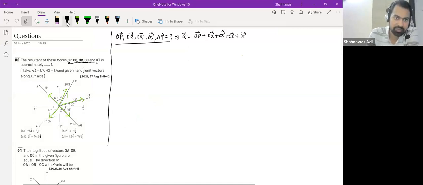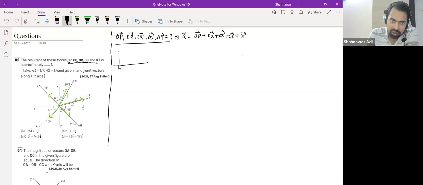Okay, so where were we? We need to find the resolution of the OP vector. Where is the OP vector? This is the OP vector. This is a 30-degree angle with the vertical and the magnitude is 20 meters. With the horizontal it would be 60 degrees. So we can write the OP vector as 20 cos 60 i hat plus 20 sin 60 j hat.